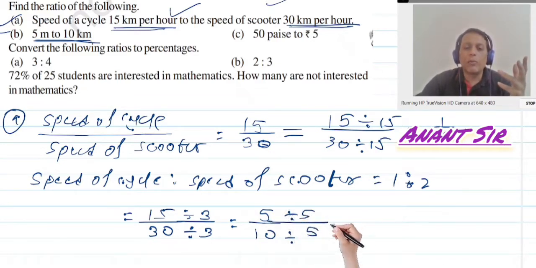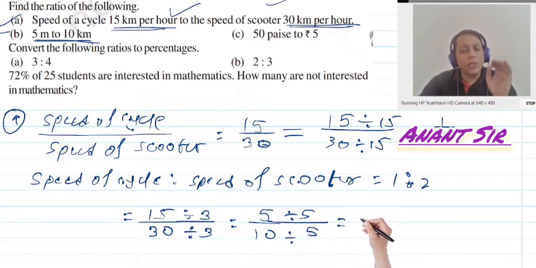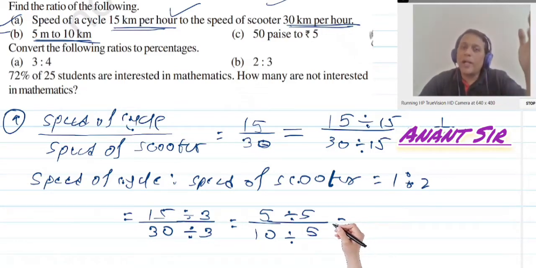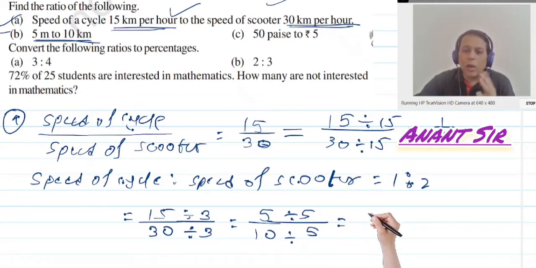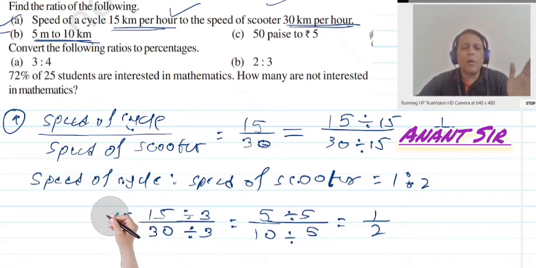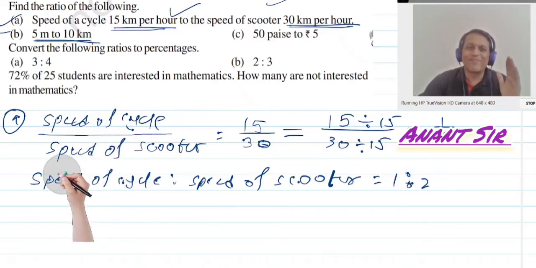So now divide both by 5. One very important thing to remember is to divide the numerator and denominator by the same number. Don't divide the numerator by 3 and the denominator by 5, otherwise you will get the answer wrong. Now again you get the same answer, 1 by 2. So it's no problem even if you forget to divide by the greatest number; you will still get the answer correct.